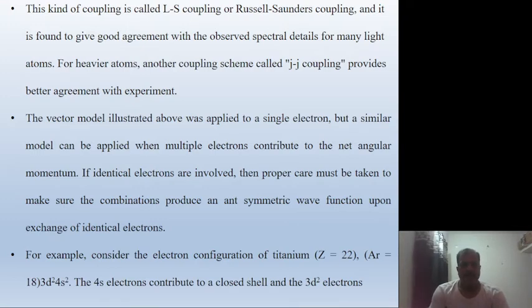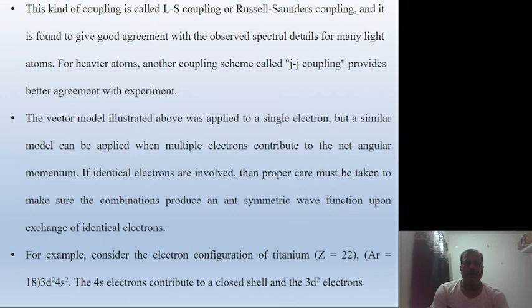If identical electrons are involved, then proper care must be taken to make sure the combination produces an anti-symmetric wave function upon exchange of identical electrons. For example, consider the electron configuration of titanium. The atomic number is 22. The electron configuration is argon 3d2 4s2.